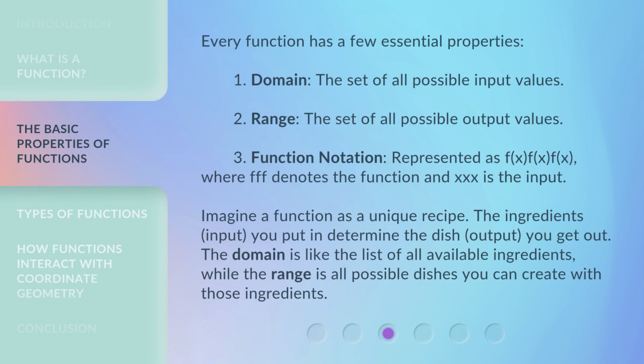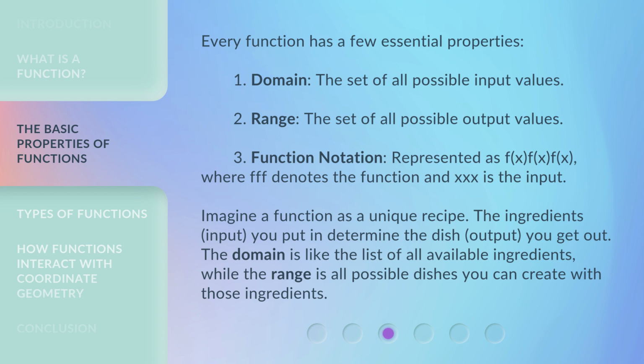Every function has a few essential properties. 1. Domain, the set of all possible input values. 2. Range, the set of all possible output values. 3. Function notation, represented as f(x), where f denotes the function and x is the input.